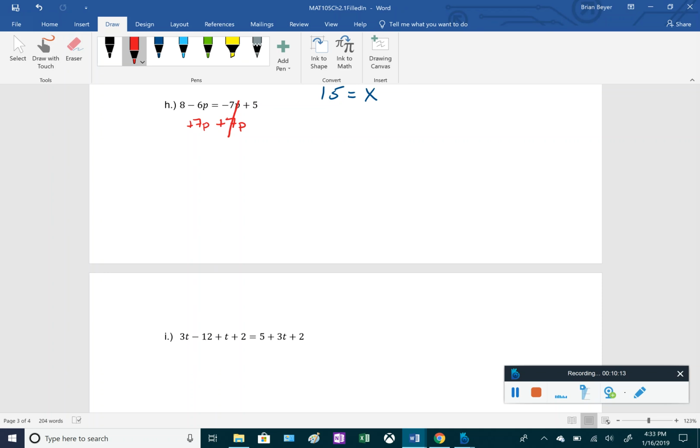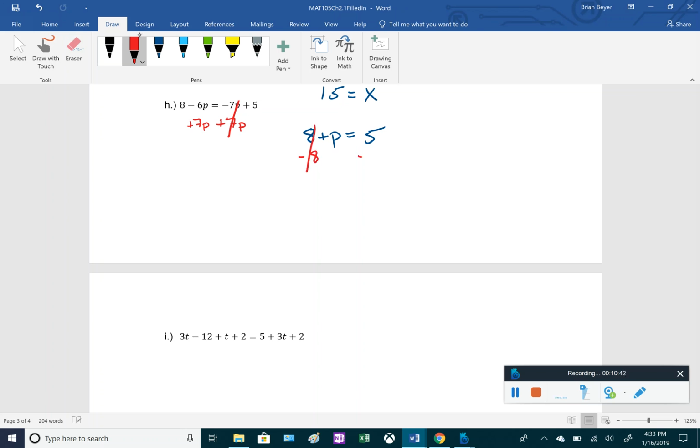On the left-hand side, we would get 8 minus 6p plus 7p. That would be plus 1p. So 8 plus p equals 5. Next step, we have to get rid of the 8 on the left-hand side by subtracting it.